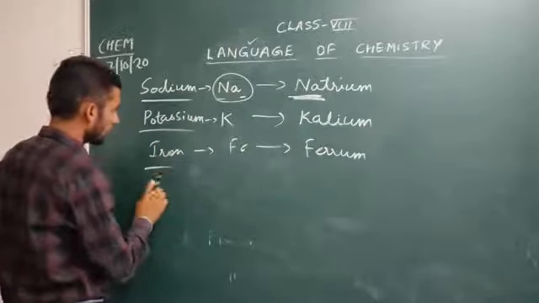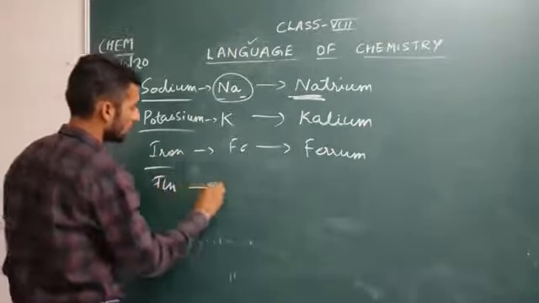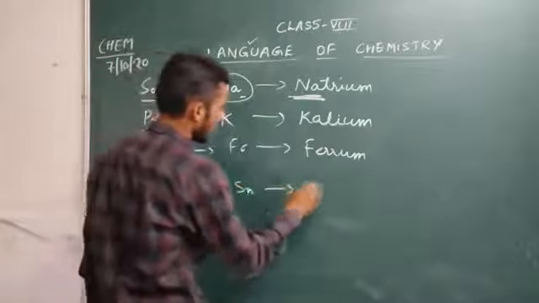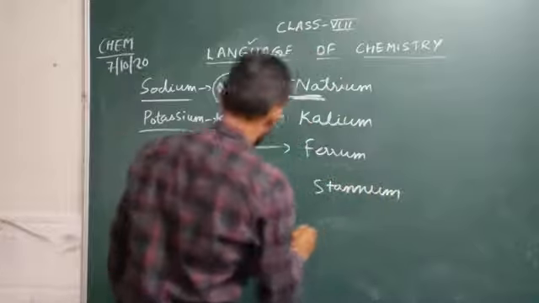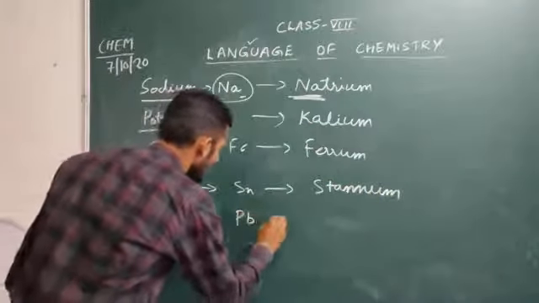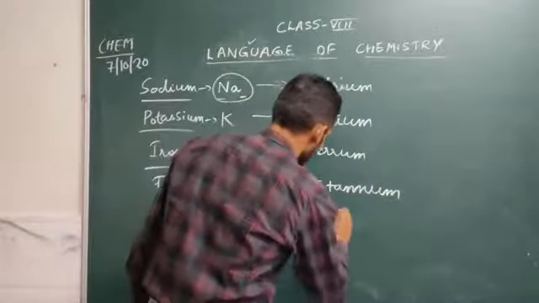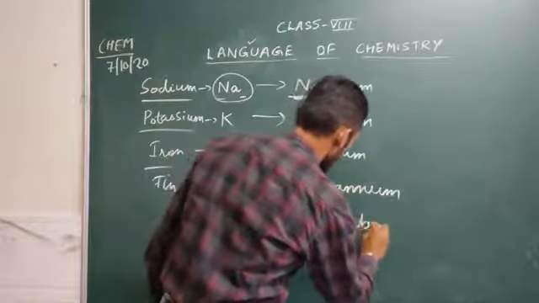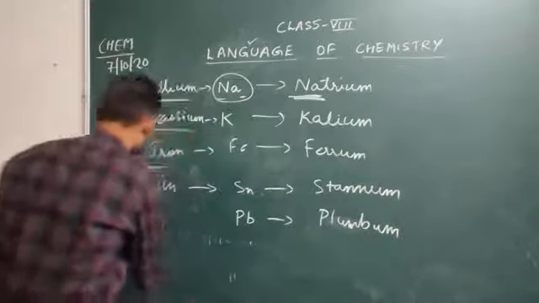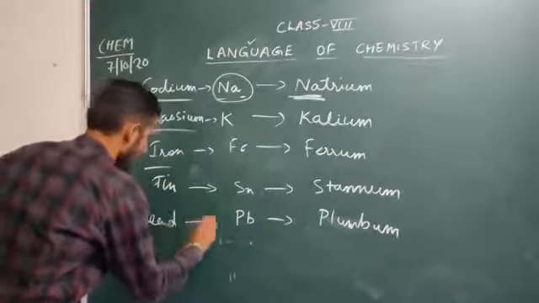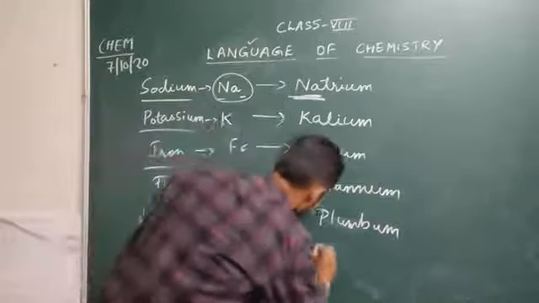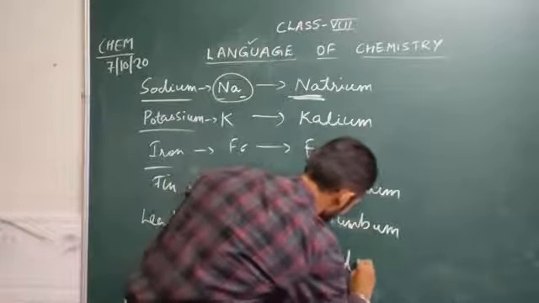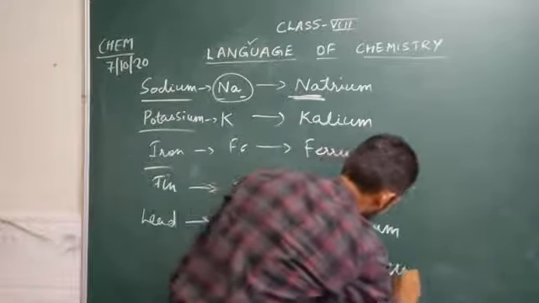For tin, we have Sn, and the name is stannum. For lead, it is Pb, and it is plumbum. And for mercury, it is Hg, that is hydrargyrum.